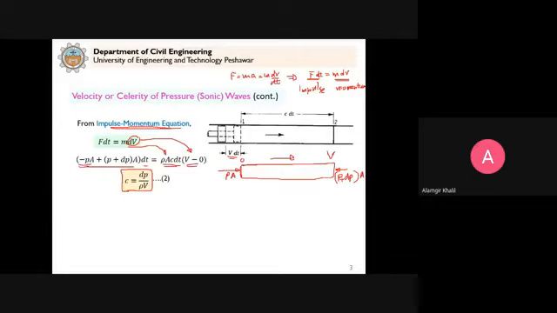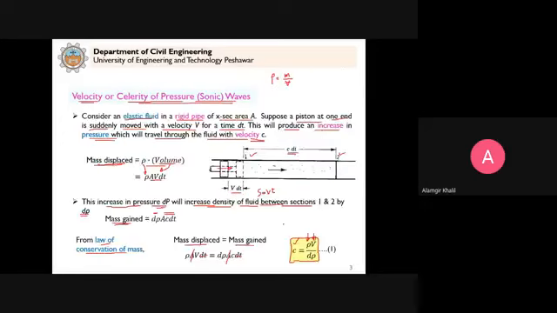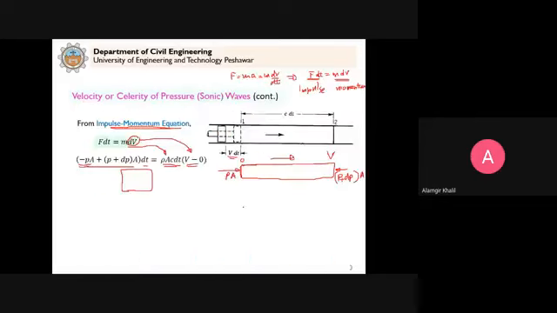Now you see that we have C is equal to dP by rho V, and also we have C is equal to rho V by d rho. So we can compare the two equations.